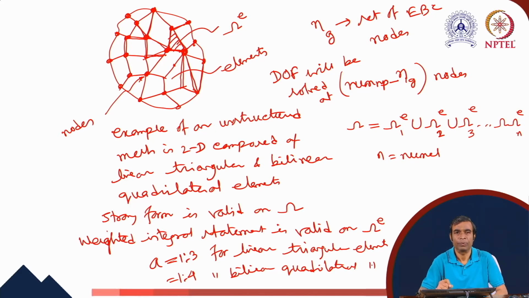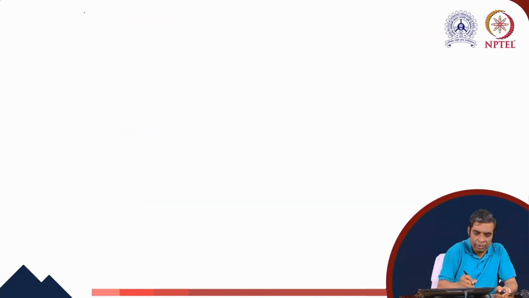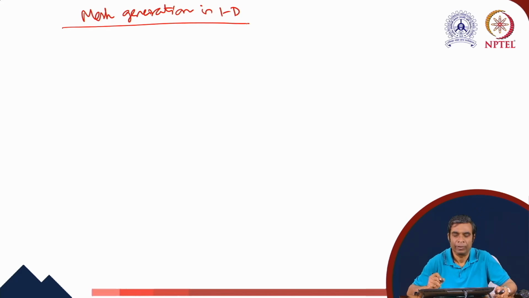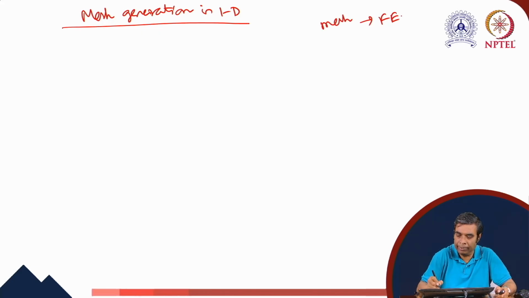So now we shall illustrate the discretization procedure in one dimension. Mesh generation in one dimension. Here I mention that the word mesh is used in the finite element method and finite volume method, whereas grid is used in the finite difference method.